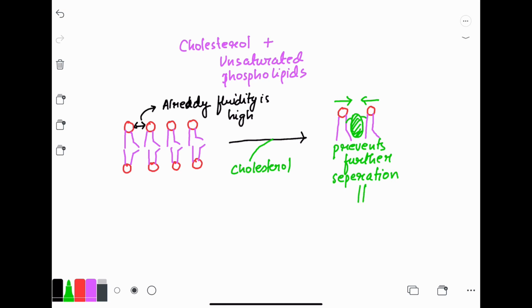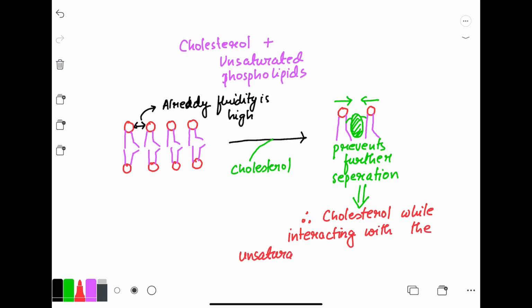And therefore cholesterol, while it interacts with these unsaturated phospholipids, decreases the fluidity, prevents it from increasing, sorry, this will be a downward arrow. So it basically decreases the fluidity while interacting with unsaturated phospholipids.